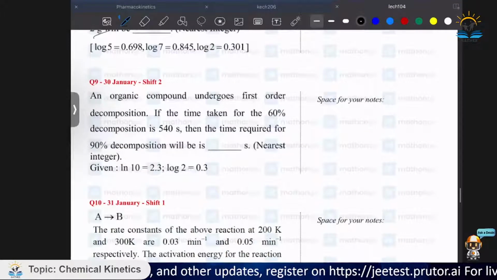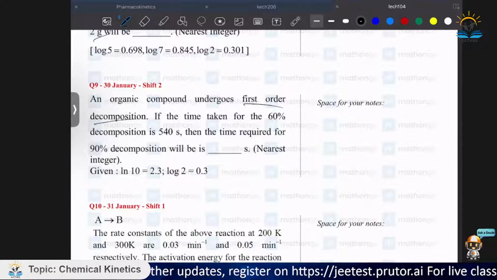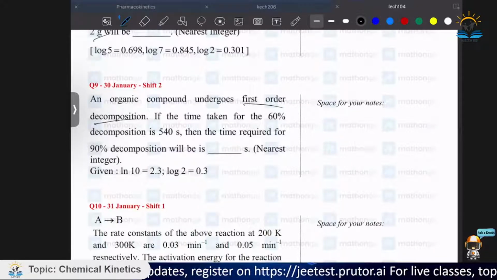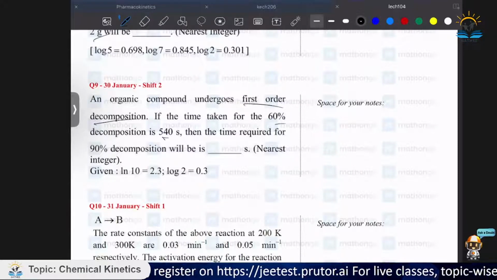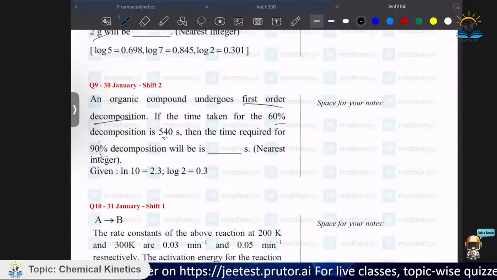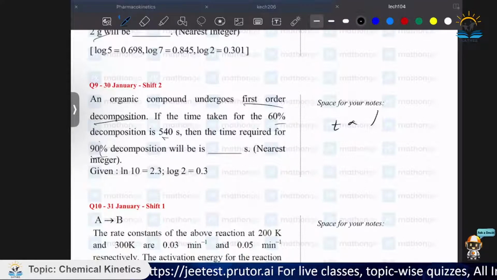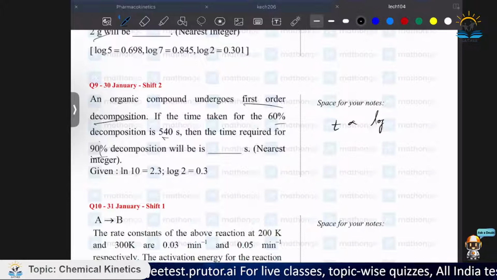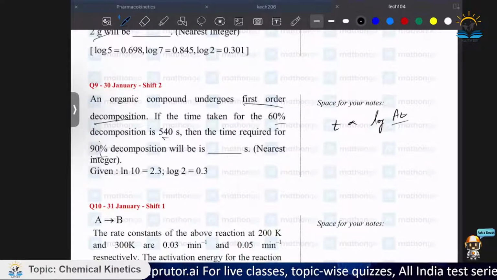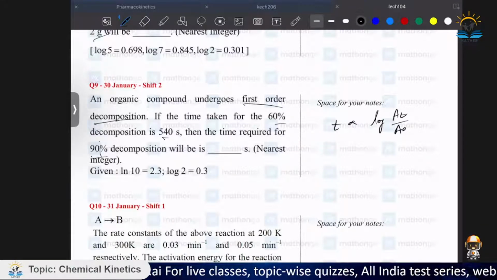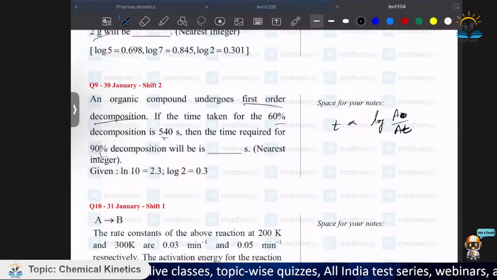Then an organic compound undergoes first order decomposition. If the time taken for 60% decomposition is this much, what is the time taken for 90% decomposition? So time is proportional to log a naught by a. This is the time.